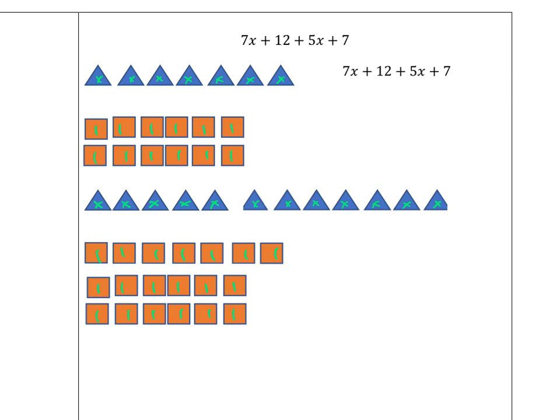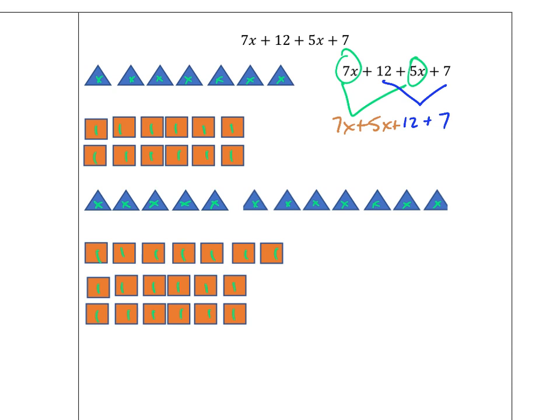So what I just did was take my x's and put those together, and take my numbers and put those together. So I'm going to have 7x plus 5x over here, and 12 plus 7 over here, right? I'm using commutative property to put my like terms together.